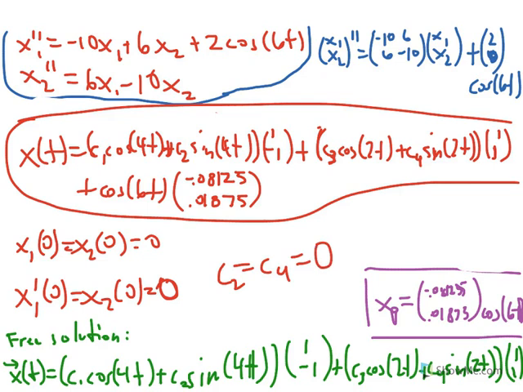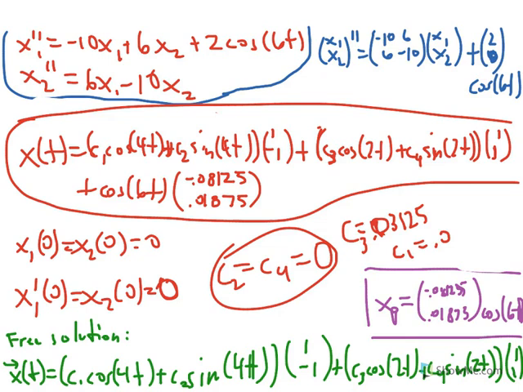This isn't surprising because there is no first derivative in our equations, so our sine terms just drop out. C3 is equal to 0.03125, and C1 equals 0.05. And we would plug C1 through C4 back into our general solution to get our final answer. That is it.